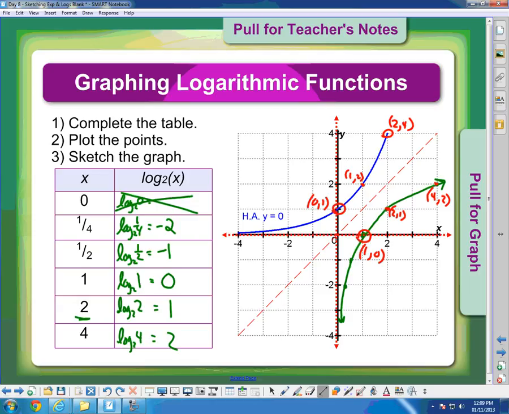And then finally, if you look at this dashed line through the middle, if we remember back to inverses, another way of imagining it is taking the blue one and folding it over that crease to create the green one. All of this confirms that the logarithmic function is the inverse of the exponential.